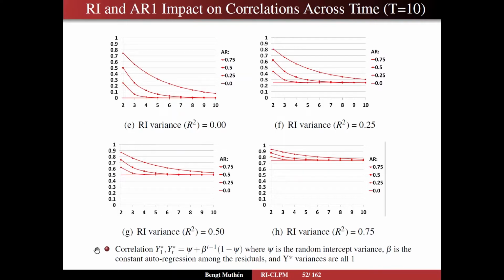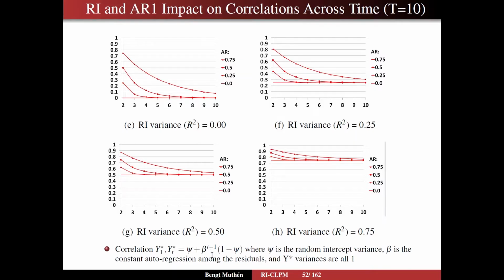An important part of understanding that is the correlation formula at the bottom, correlation between the first and later time points, consisting of the sum of two different parts, where the first part is psi, that is the random intercept variance in a metric that corresponds to the R² value. The second part is beta times 1 minus psi, where beta is to the power of t minus 1.